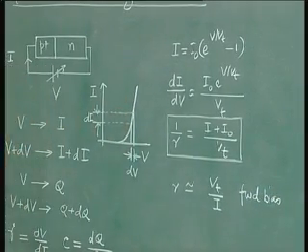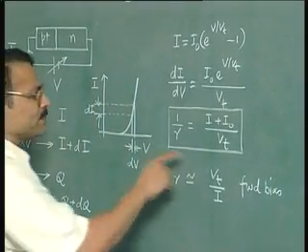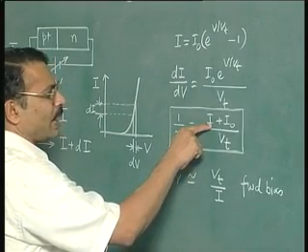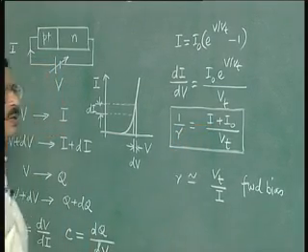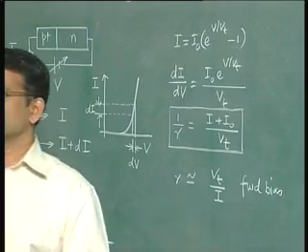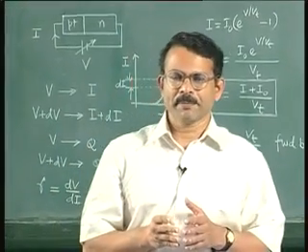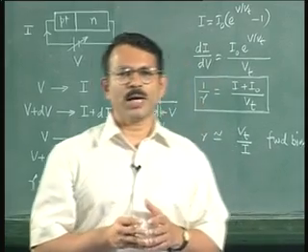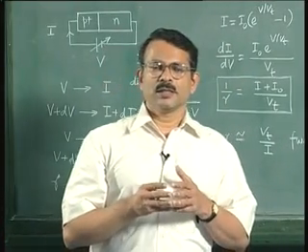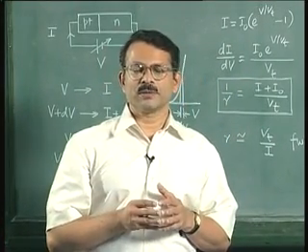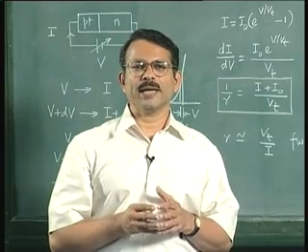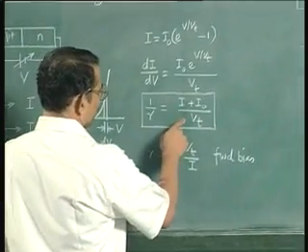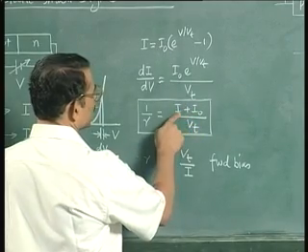On the other hand, what you see is that for reverse bias, the current I will saturate to minus I naught for reverse bias more than 3 times Vt, and therefore you find from the formula that the small signal resistance of the diode for reverse bias more than 3 times Vt would be infinity, because the numerator is 0.